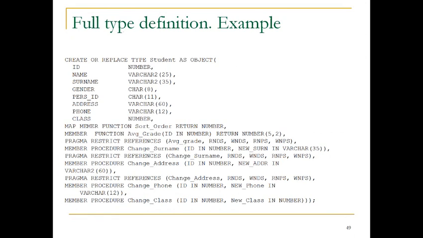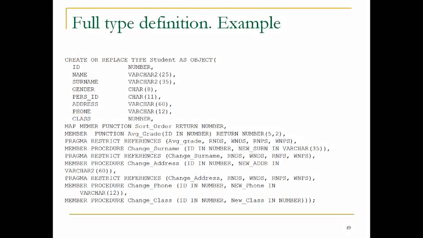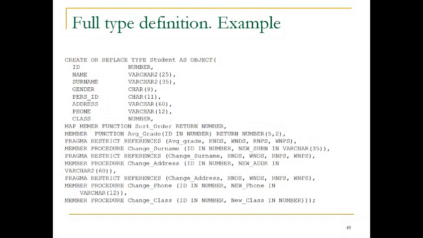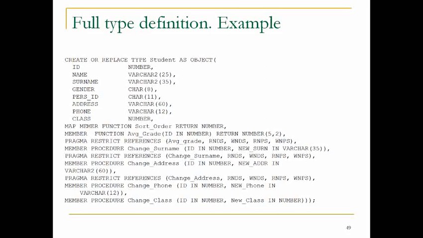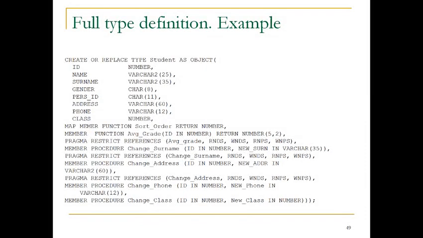As an example, for a type student, we can define a lot of attributes. We can then define lots of functions, for example, map member function sort order. I'll tell what the map function is in a moment.